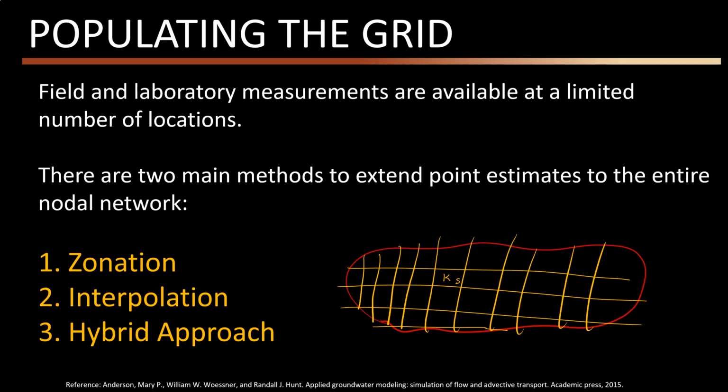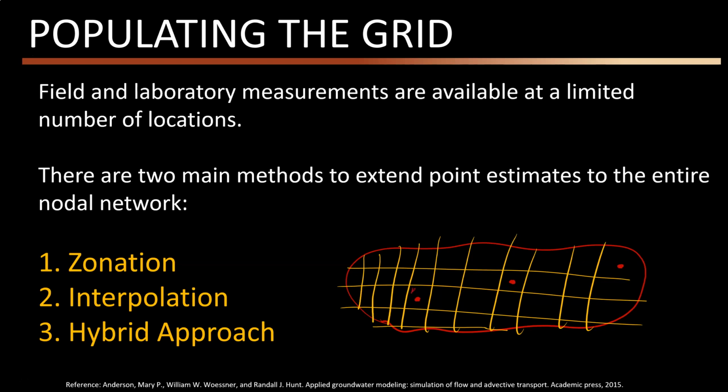Okay, but usually we use the field data, for example, based on some field investigation. I go and find the hydraulic conductivity or porosity information at this point, and one point here and one point here.